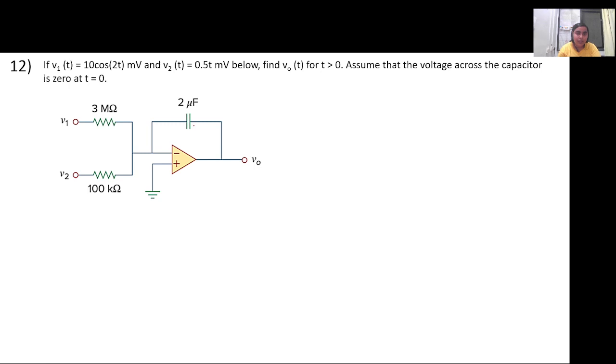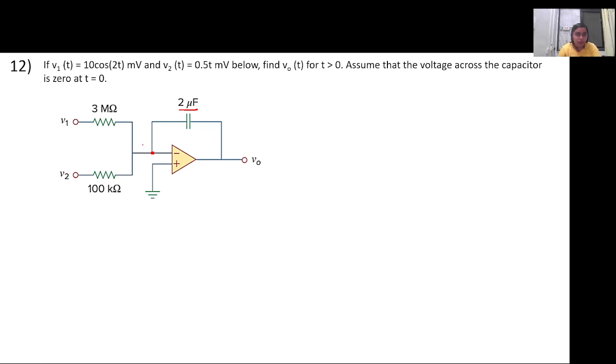So let us solve a simple problem where a capacitor is connected from the output terminal to the inverting input of the OPAMP, right? No matter what is connected, whichever element may be connected at the input or output, we will just apply the OPAMP conditions and KCL to solve it, right?